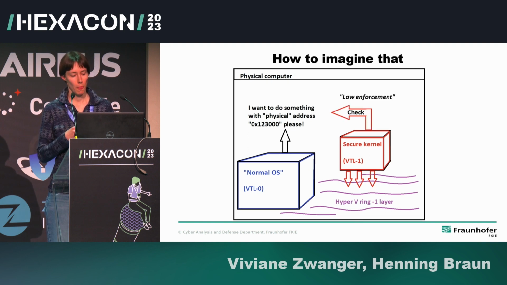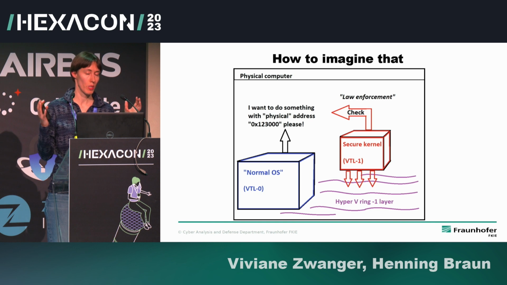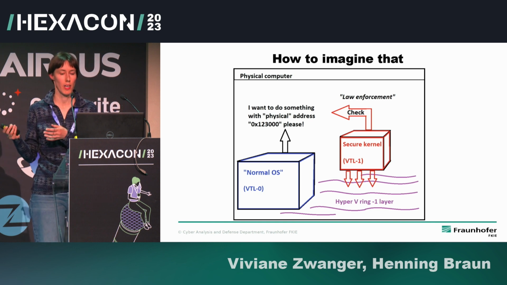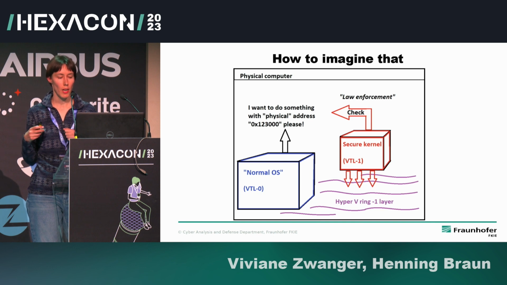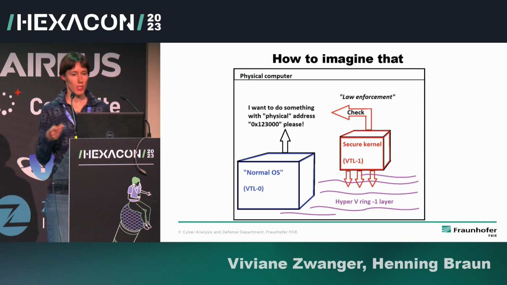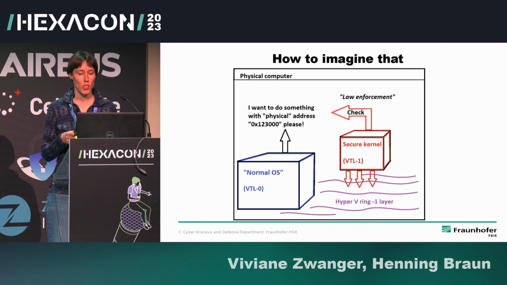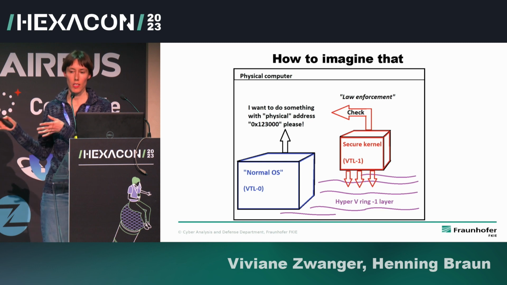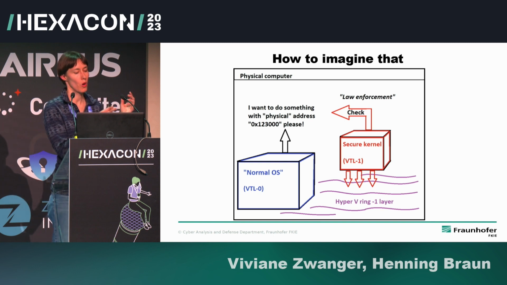So as you remember, there is second level address translation, and this physical address isn't a real physical address, it's a guessed physical address. So the secure kernel in VTL1 can now use this second level address translation to translate a guessed physical page into a real physical address.